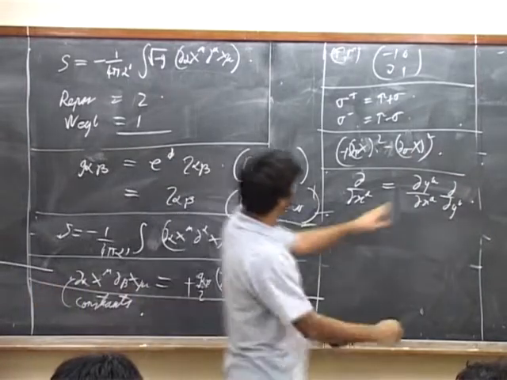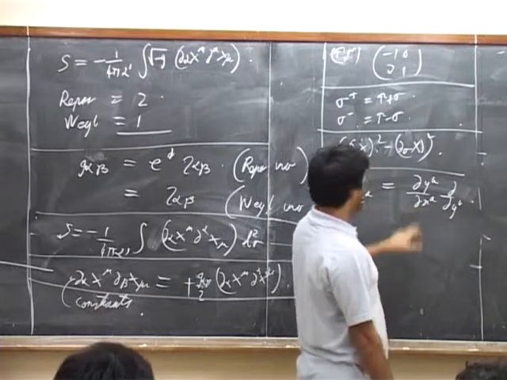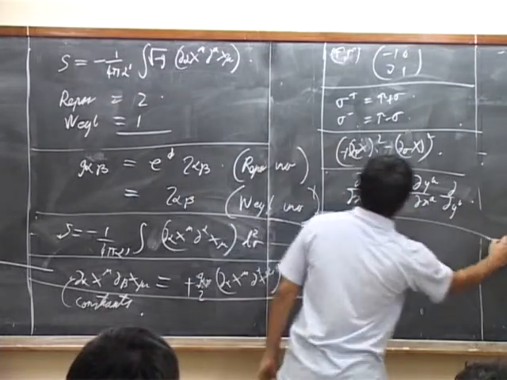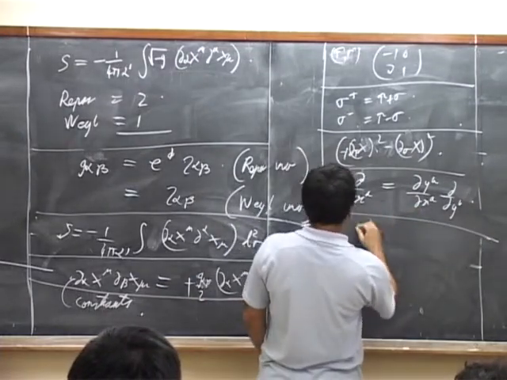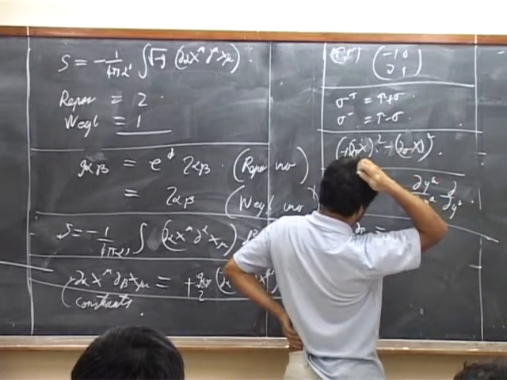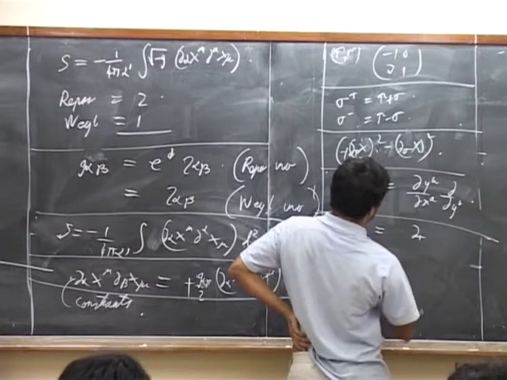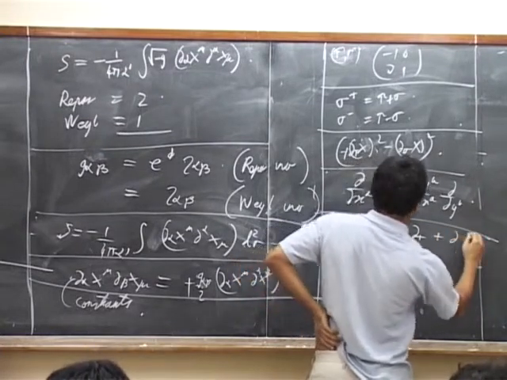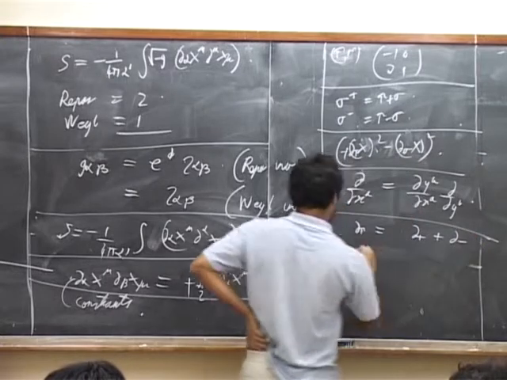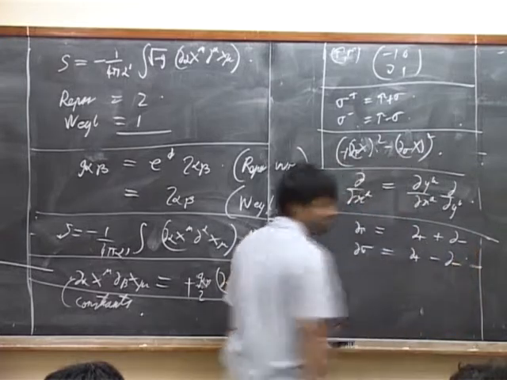Okay, so let's choose our y's to be sigma plus and sigma minus, and our x's to be the taus and sigmas. We have del tau is equal to del plus plus del minus, and del sigma is equal to del plus minus del minus.